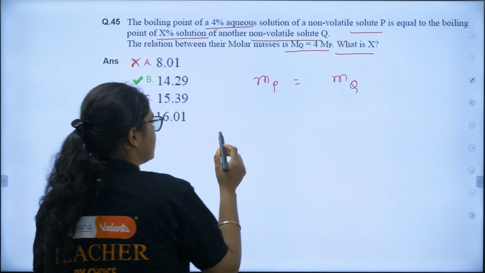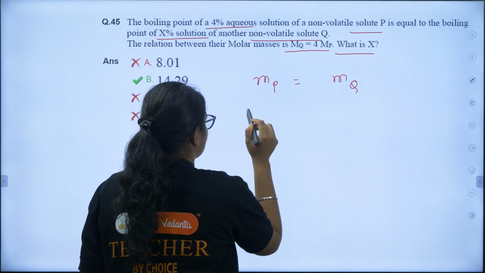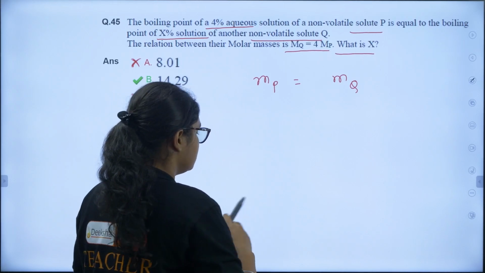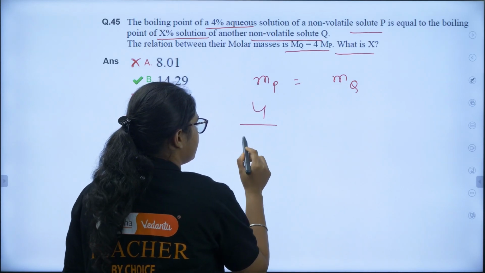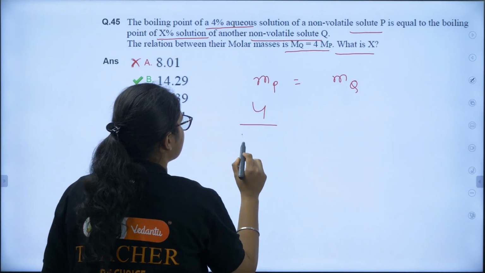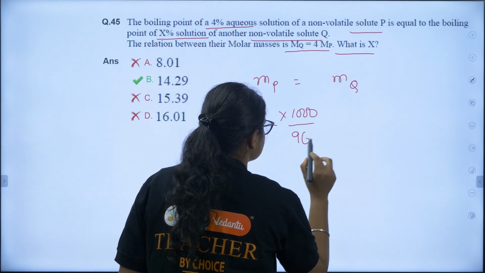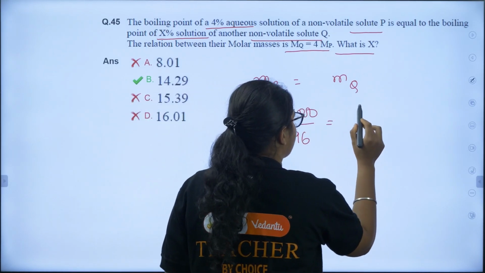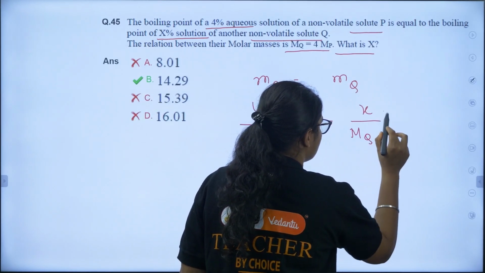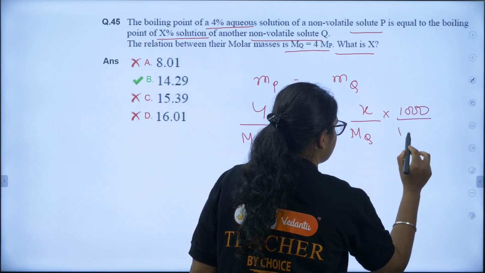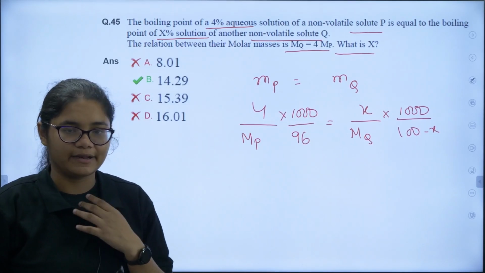Now what's the formula for molality? Number of moles. So 4% means out of 100 gram, 4 gram is there. So we have here 4 gram divided by the molar mass of MP, I'll write like this, into 1000. Mass of solvent is 96. And in MQ we have X%, divided by MQ into 1000 by 100 minus X. Like X gram is this one, so we have 100 minus X left.